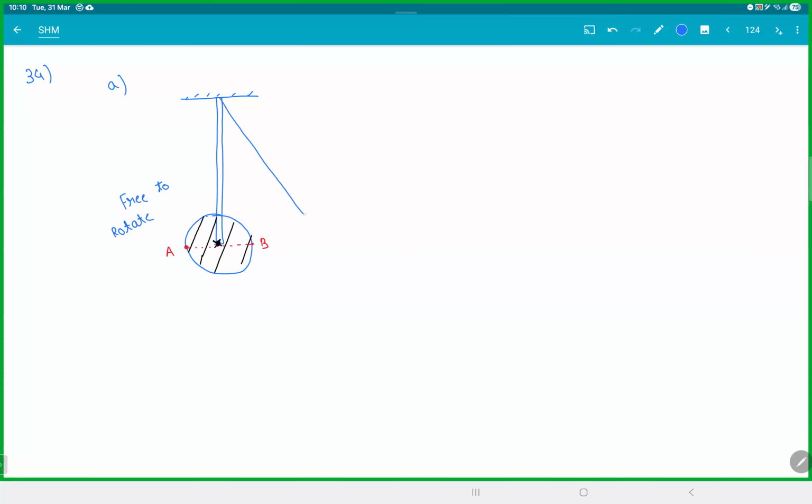When this rotates, this line AB will always remain horizontal. The disk does not have any rotation of its own. You're getting it here. The disk is in pure translation. Right? So it can be treated as a point particle.